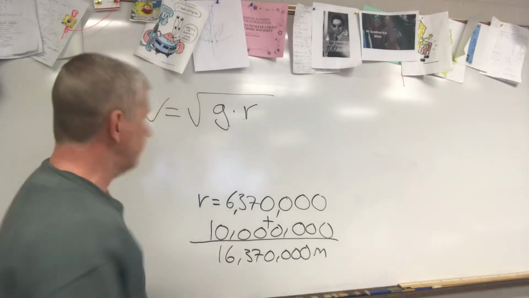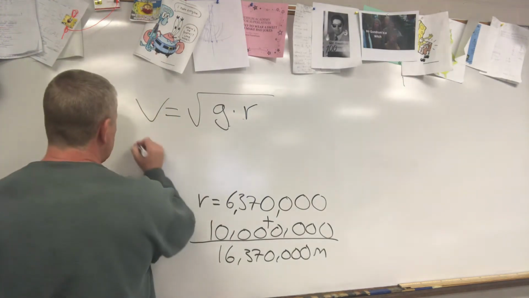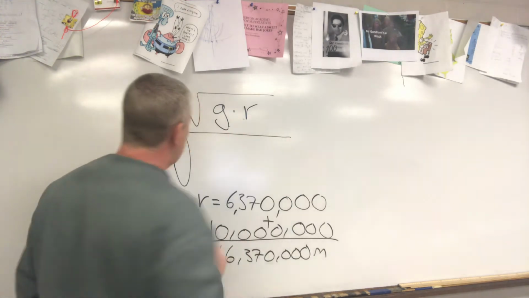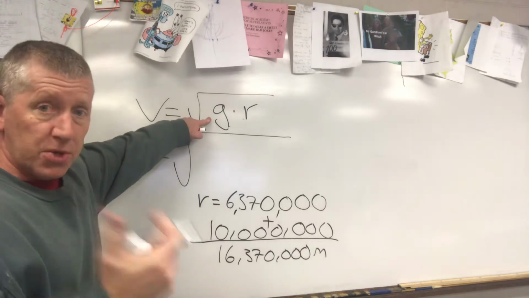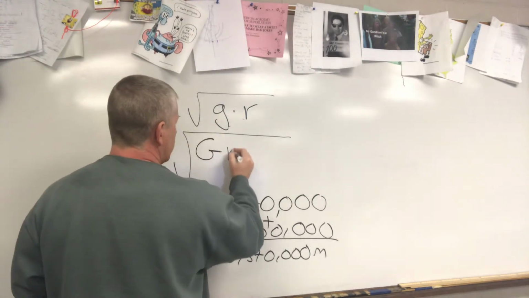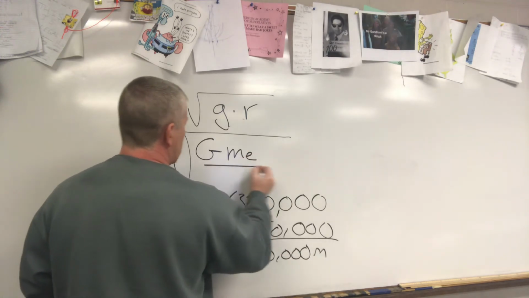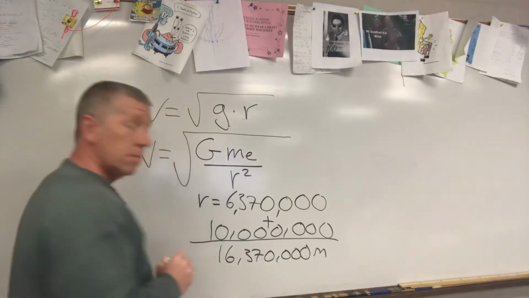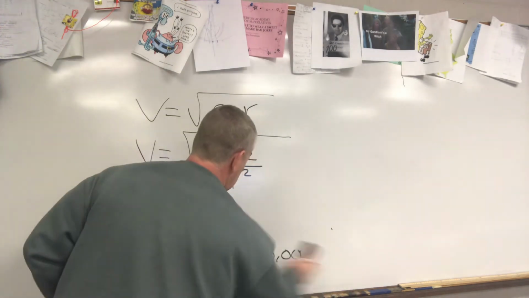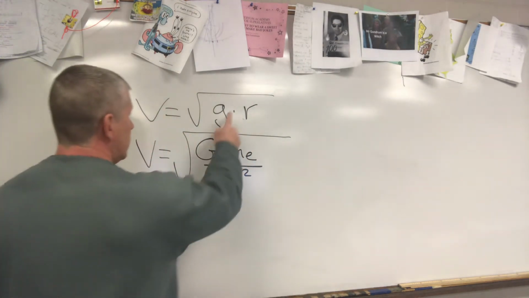So I'm going to do the substitution. Little g, as we solved earlier, is equal to big G times the mass of the Earth over r squared, times r.